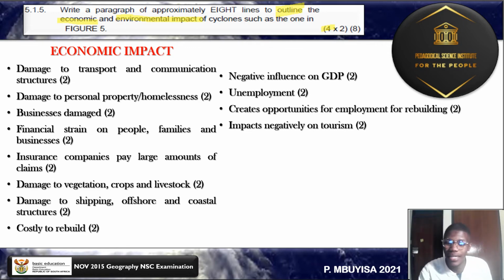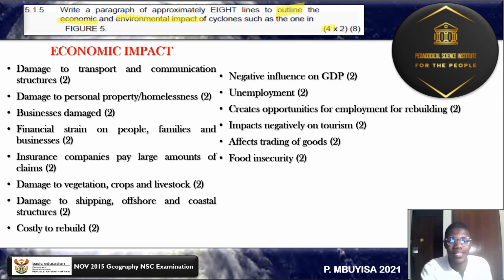And another negative impact is on tourism. It may destroy some natural reserves, may destroy these attractive tourist sites. It affects the trading of goods because ships are unable to travel and flights are not allowed to move, so that may be negative for them.